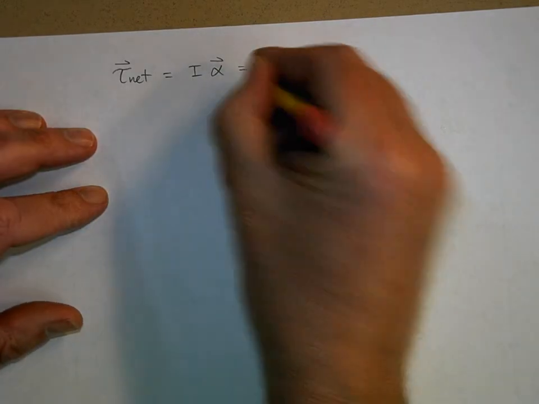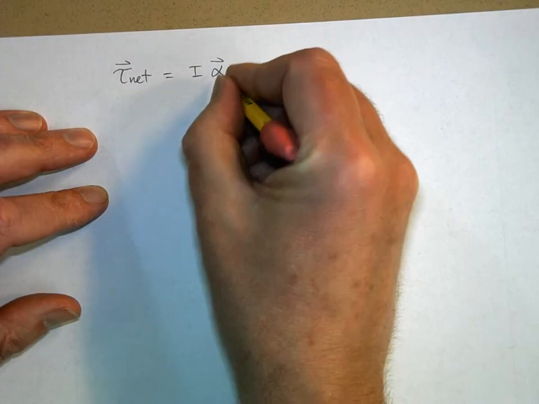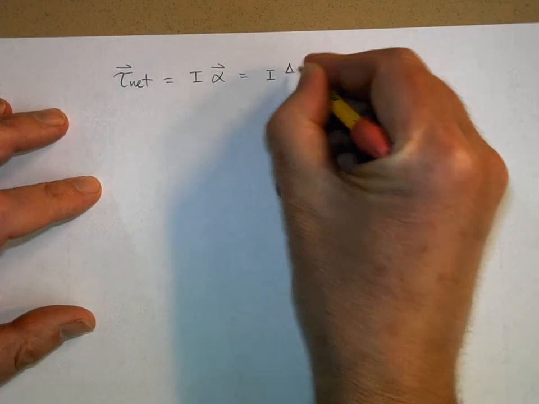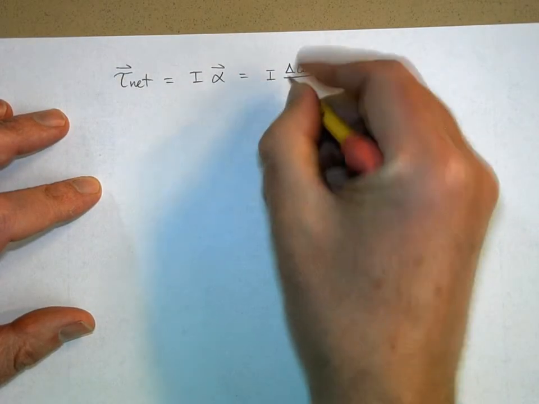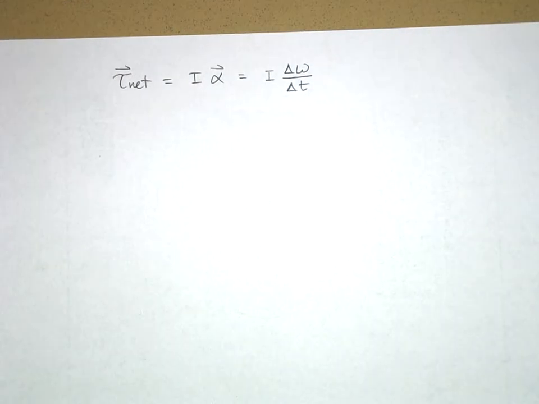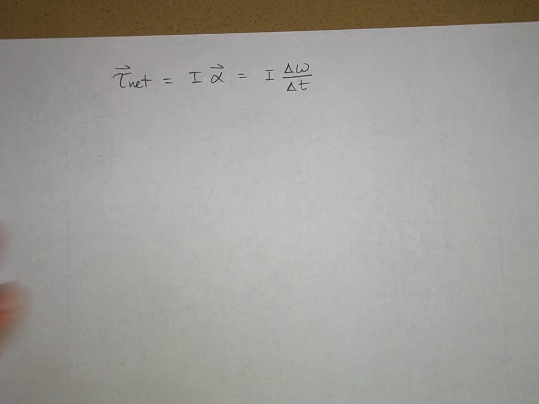And well, this is I times, well, how did we define angular acceleration? We said an angular acceleration is a change in angular velocity over a change in time. That's the definition of angular acceleration.